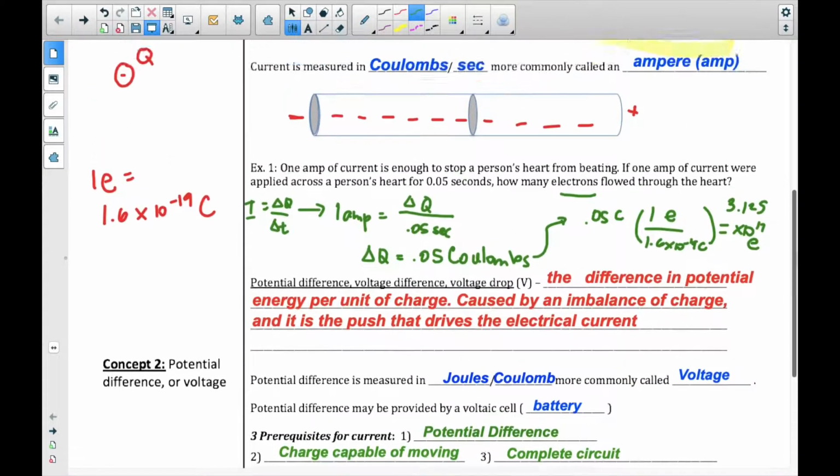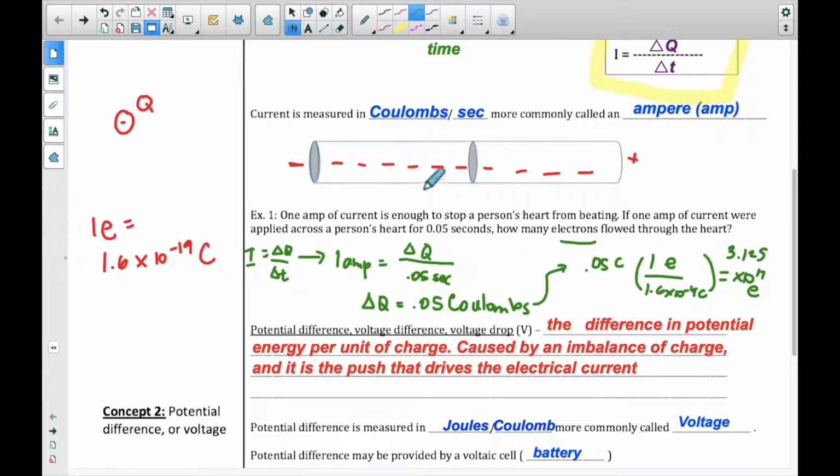So let's go back up here to the diagram that we had a minute ago. It's the difference. If there was no difference between the amount of charge on this end compared to the amount of charge on this end, these electrons wouldn't have any reason to move. They're in equilibrium, so they're not going to move anywhere. But if we create a situation where there is a difference, then those electrons are going to move, right?